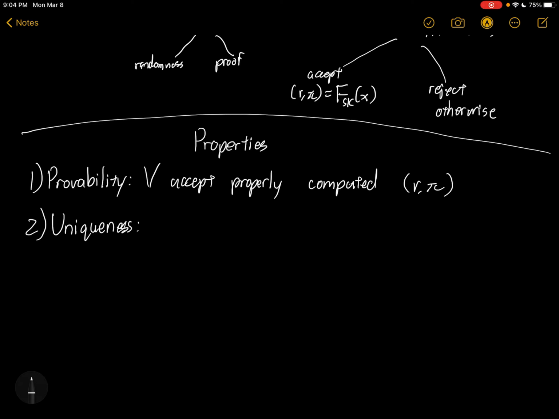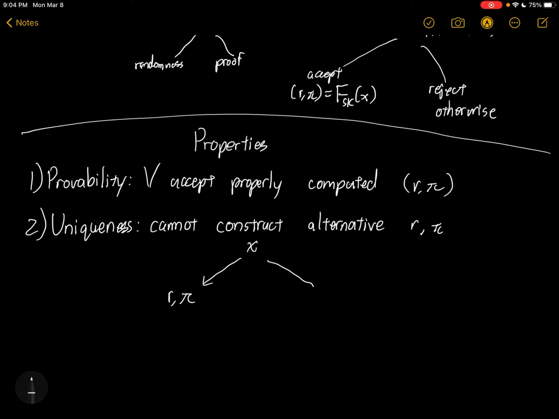The second one is uniqueness. This essentially states that we cannot construct alternative values of r. The idea is once we have x, that should determine the randomness r and the proof pi.